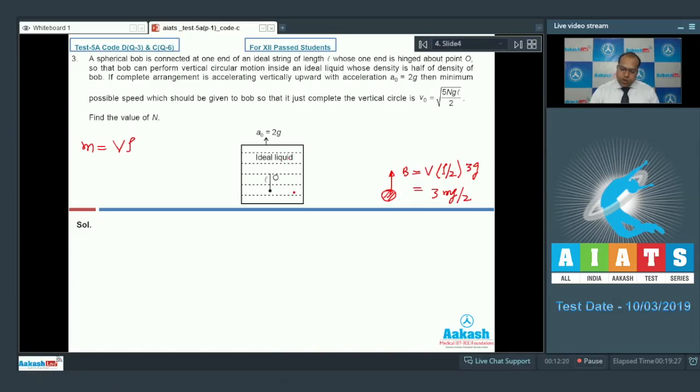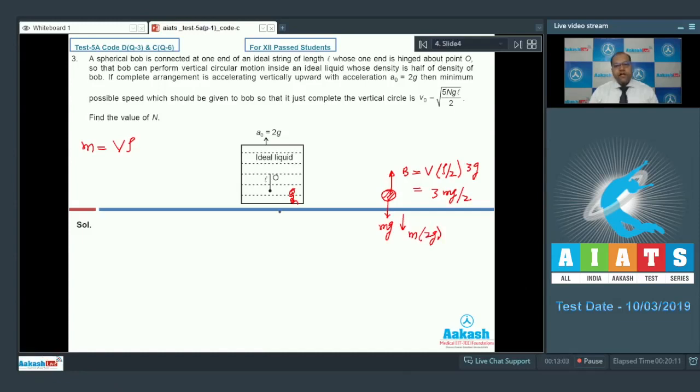Now if I solve this problem in the frame of this observer, which is itself accelerating vertically upward with acceleration 2g, then in the frame of this observer I have to apply a pseudo force on the bob. So its weight is mg and the pseudo force is acting in this direction, so that is equal to mass into acceleration, that is m into 2g.